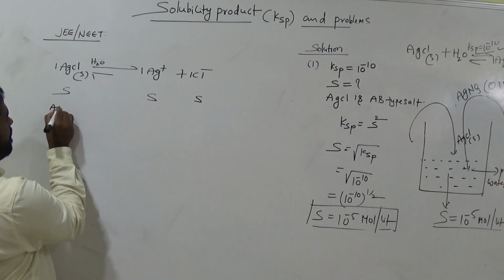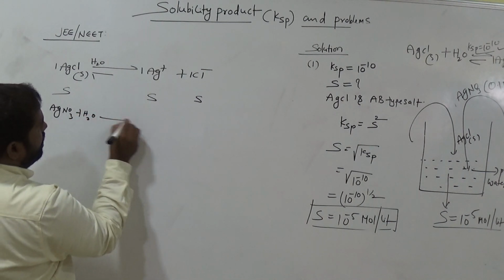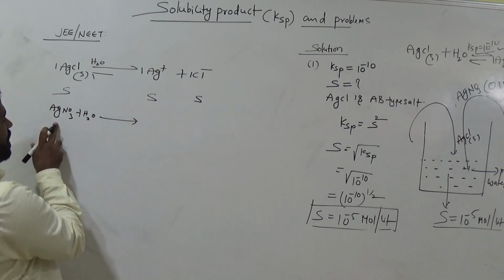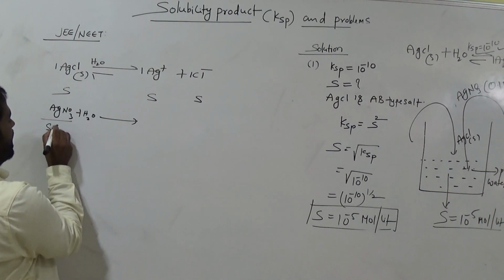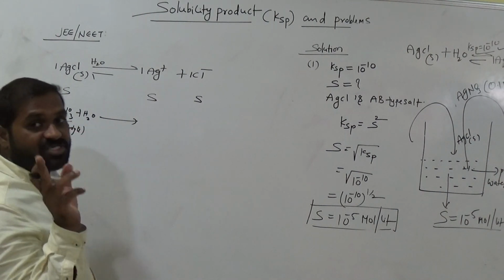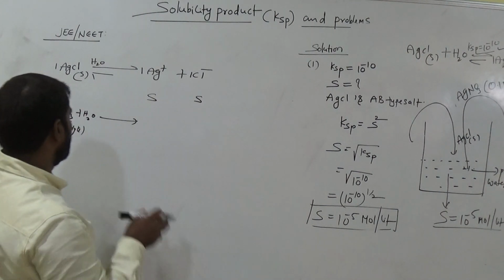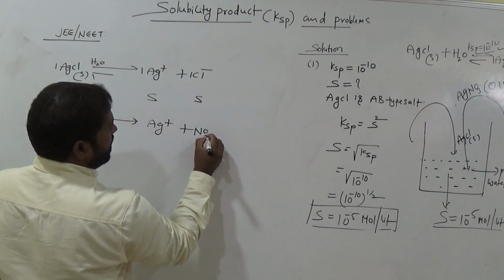AgNO3 in water is completely ionized, completely dissolved. Remember this, strong electrolyte. Already we discussed that all nitrates are well dissolved. Now it gives Ag plus and NO3 minus, am I right?